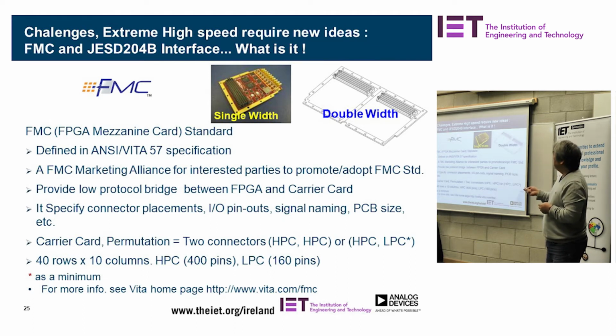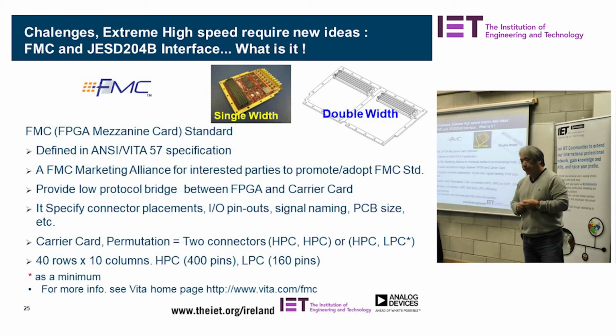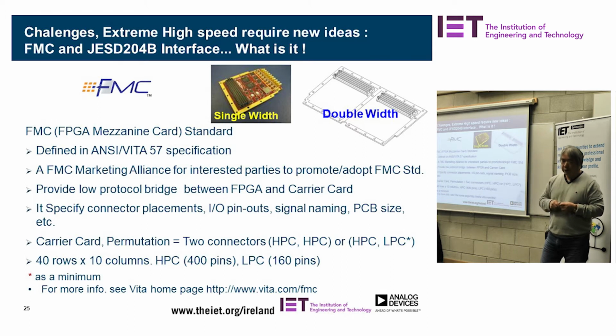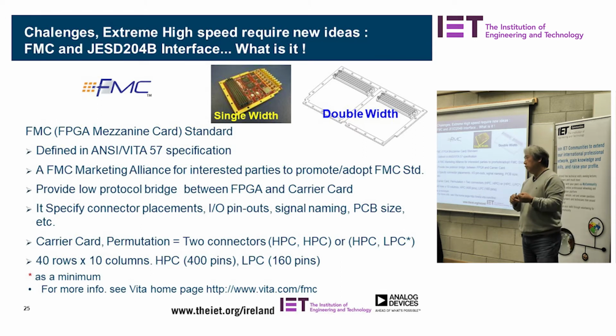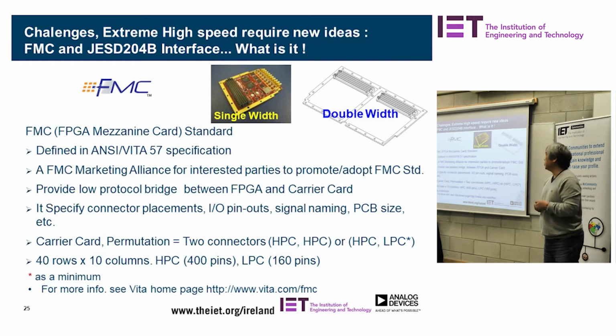If you're not familiar with the JESD, it's actually an interface that they've had for a couple of years now. They go through revisions A, B, and C. So I'll give a quick snapshot of it. With some of the standards, you can actually go to 12 gigabit per second, at that high throughput. And the C standard can go up to 20 gigabit per second. So it's very, very high.